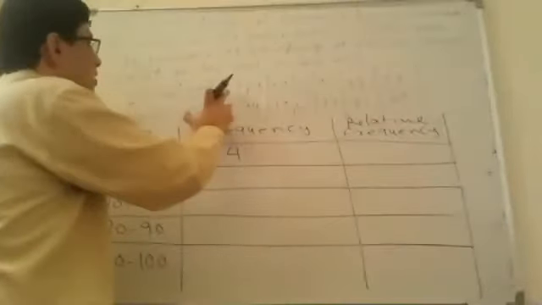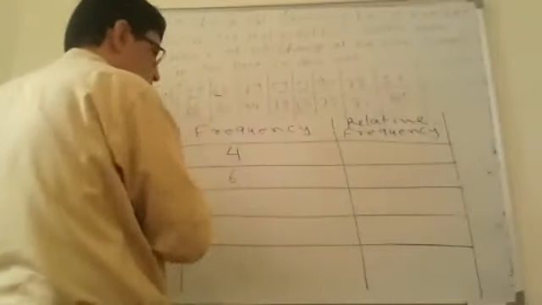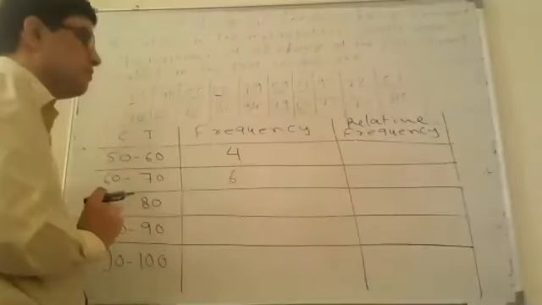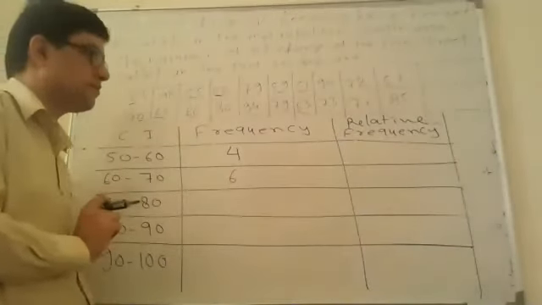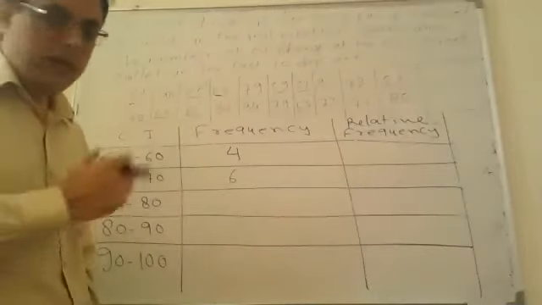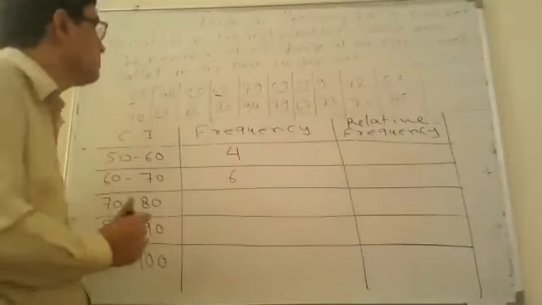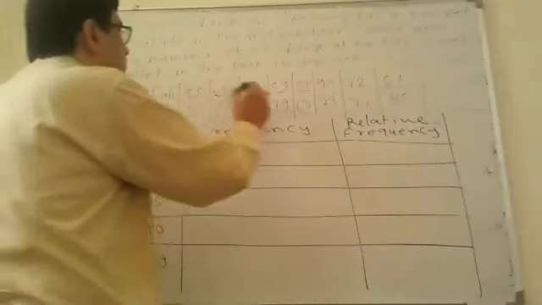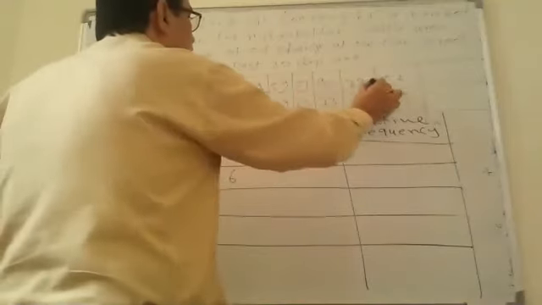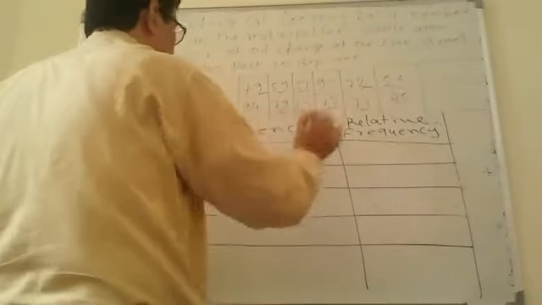So it's 6. The next, 70 to 80: 1, 2, 3, 4, 5.